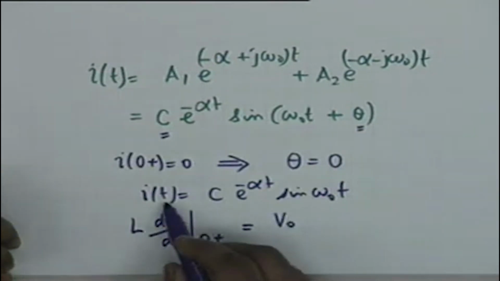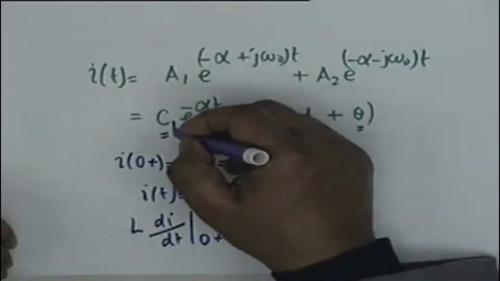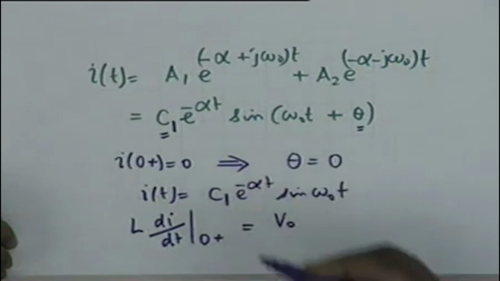If I substitute I of t equal to this here and put t equal to 0, then what do you think I will get? I will simply get L times, I should use some other constant here. I shouldn't use a C. Why? C I have used for capacitance. So let's use a C1, alright?